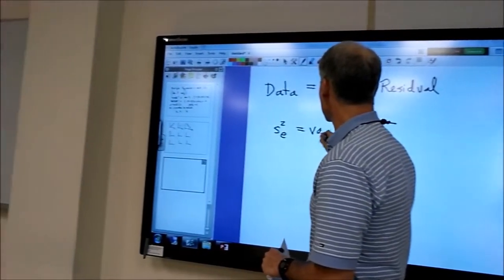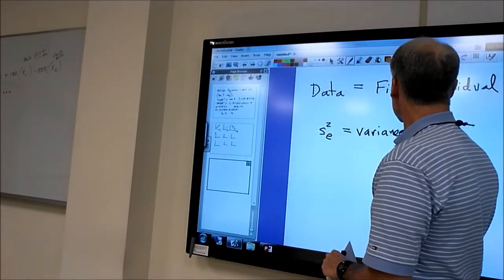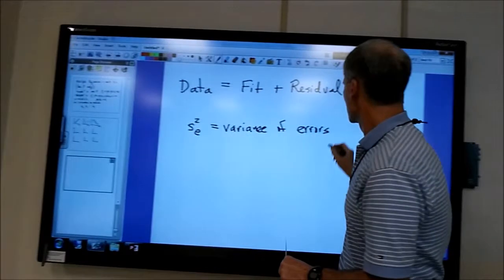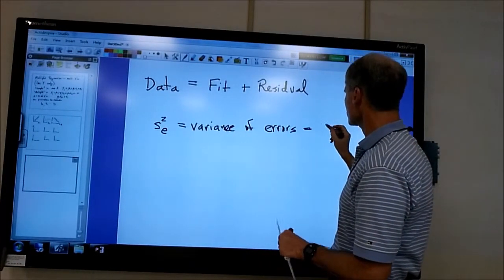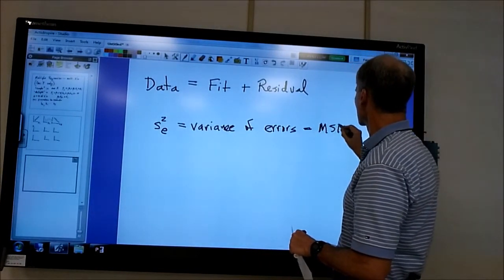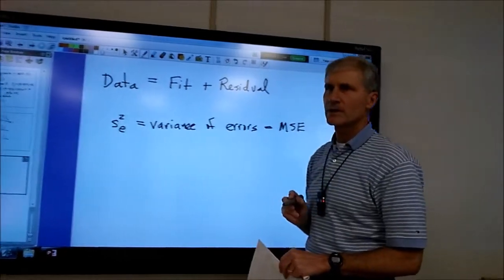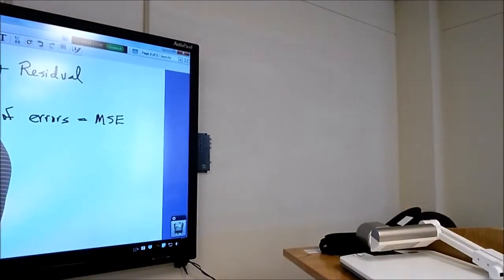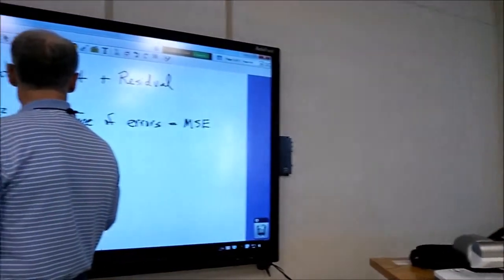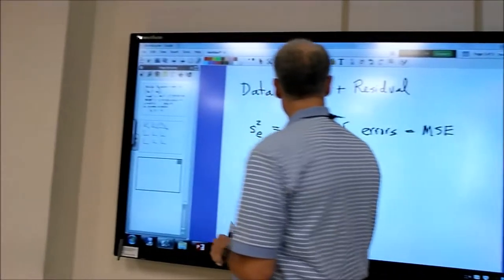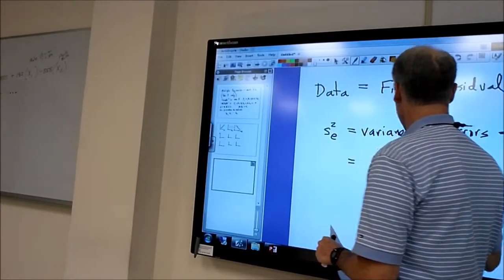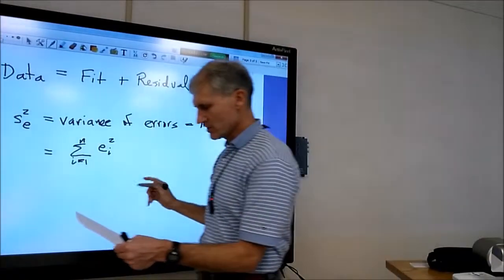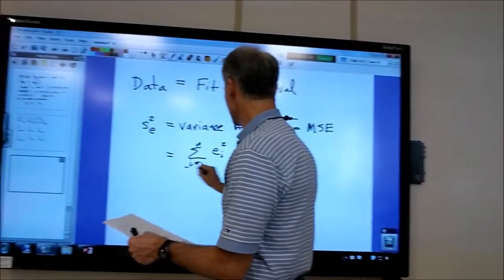So that's variance of errors, is what we call mean squared error. Right? And that is the sum, i equals 1 to n, of e sub i squared. That's the sum of squared errors. And then you divide by its degrees of freedom.